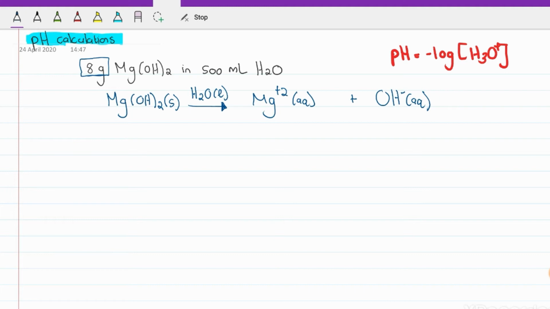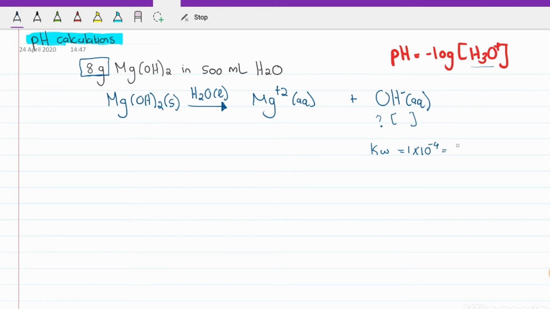From getting this concentration, so we want to know what is the concentration of the hydroxide ions, because if you know that, then you can calculate the hydronium ion concentration by using the ionization constant of water.